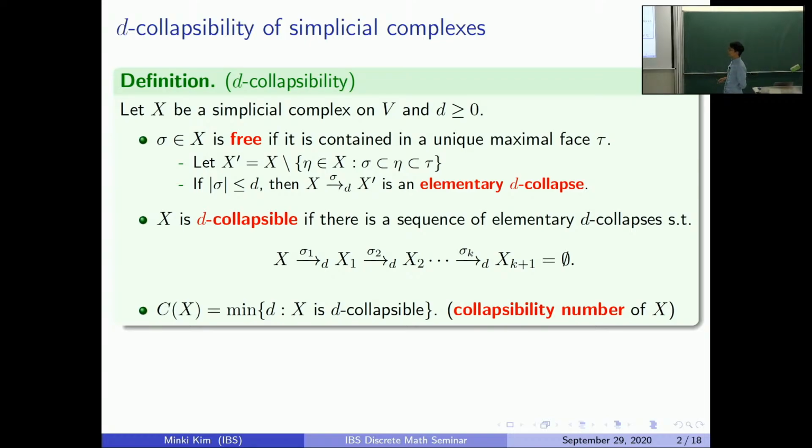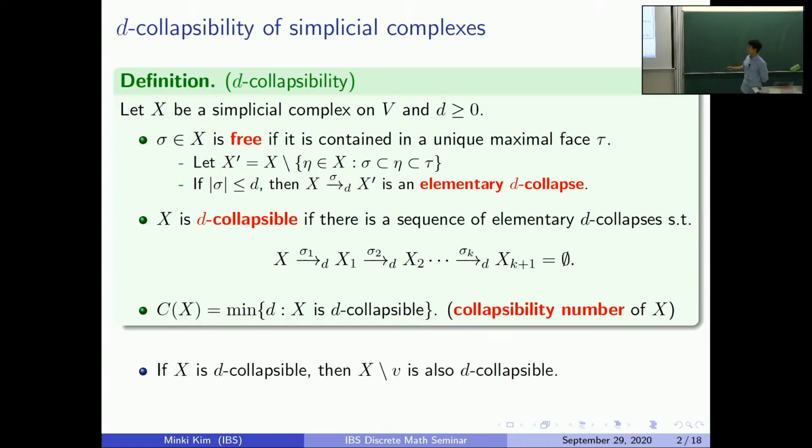And we define the collapsibility number of a complex as the minimum integer d where X is d-collapsible. And this d-collapsibility is hereditary, which means if X is d-collapsible, then X delete a vertex v is also d-collapsible for any vertex.